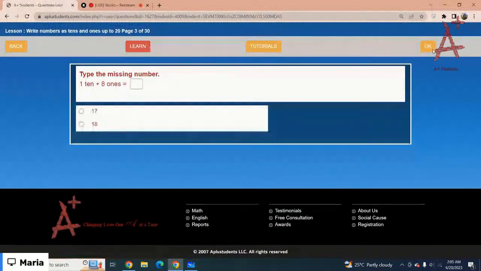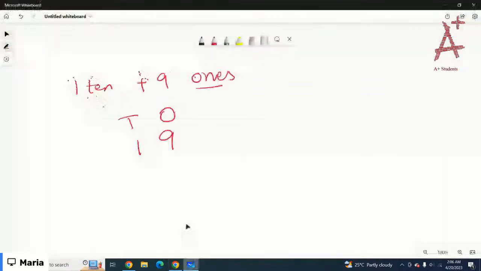Okay, the next one is 1 ten and 8 ones. So which is the correct option? Now the digit at the ones position is 8 and the one at the tens position is 1. So what number do they make together? 1 ten and 8 ones.